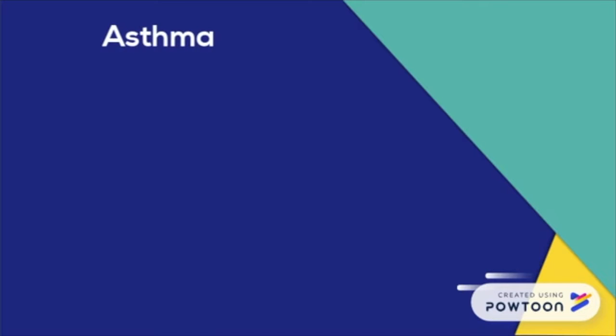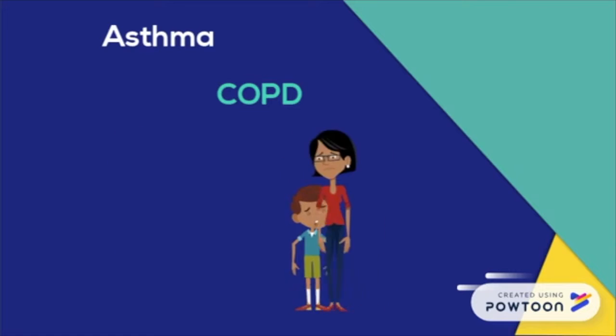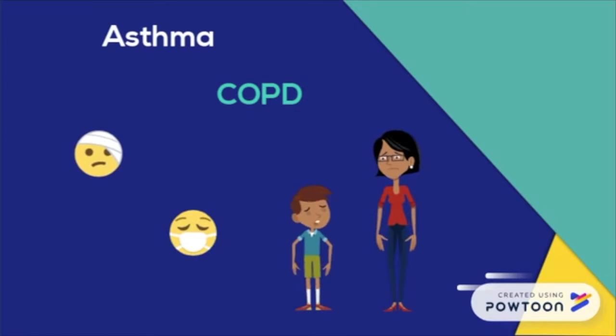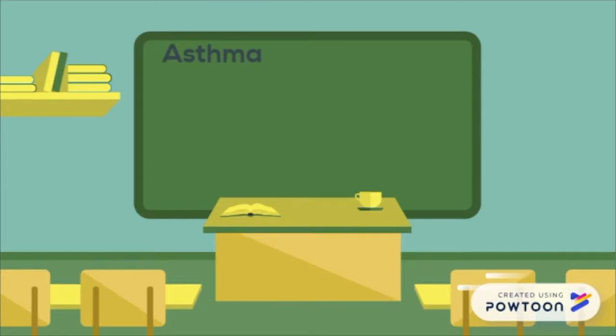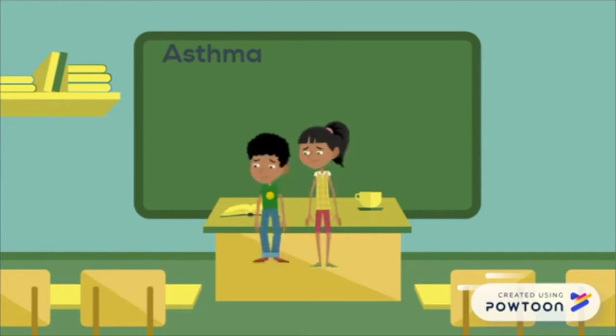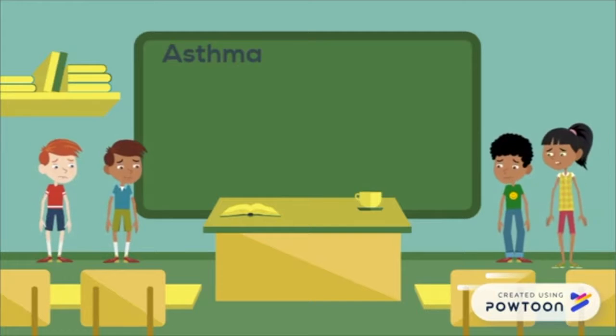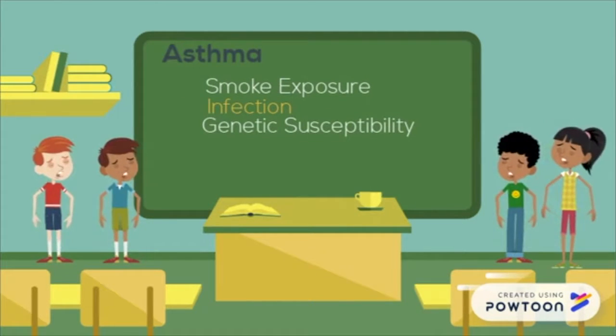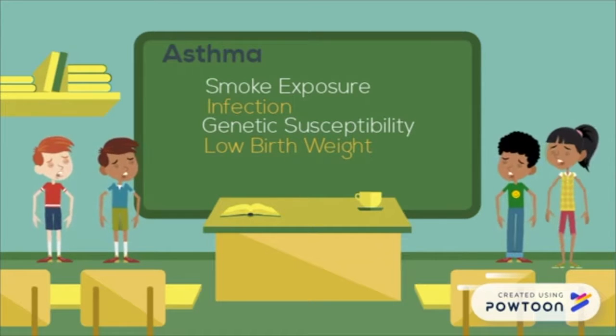Asthma and chronic obstructive pulmonary disease are obstructive airway illnesses manifested with chronic inflammation affecting the entire respiratory tract. Asthma is recognized as an allergic disease usually developing in childhood due to smoke exposure, infections, genetic susceptibility, low birth weight, and nutritional deficiencies.